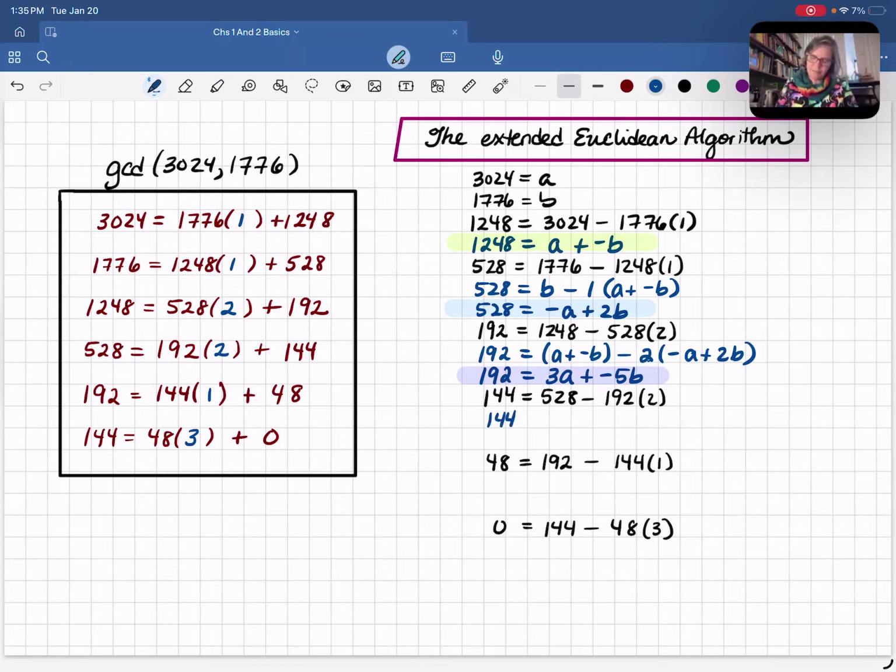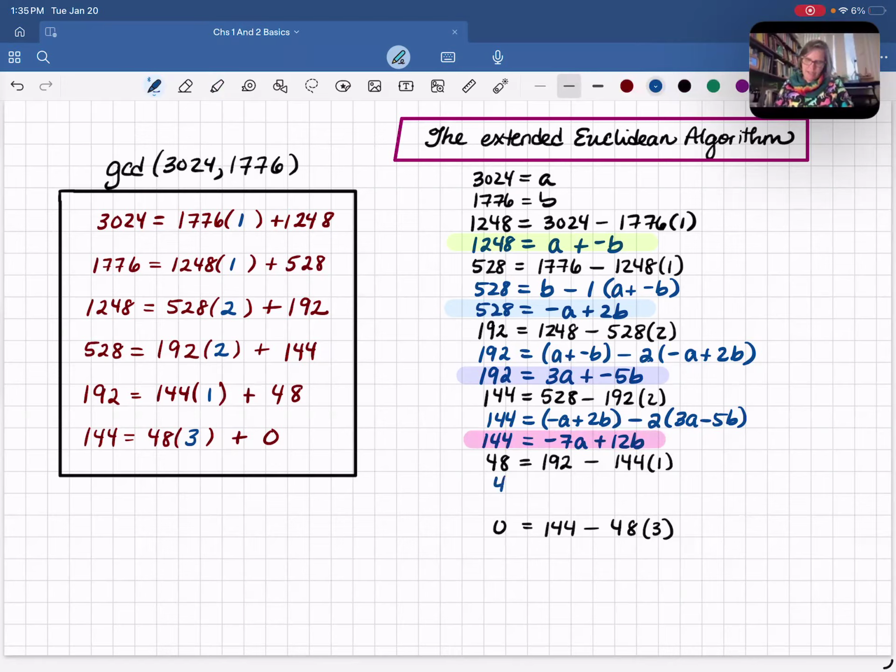144 is 528, looking above, that's negative A plus 2B, minus 2 times 192, that's 3A minus 5B. Distribute that negative 2, combine like terms, and I get 144 is negative A minus 6A, that's negative 7A, 2B plus 10B, that's 12B. And let's go ahead and save and highlight that one.